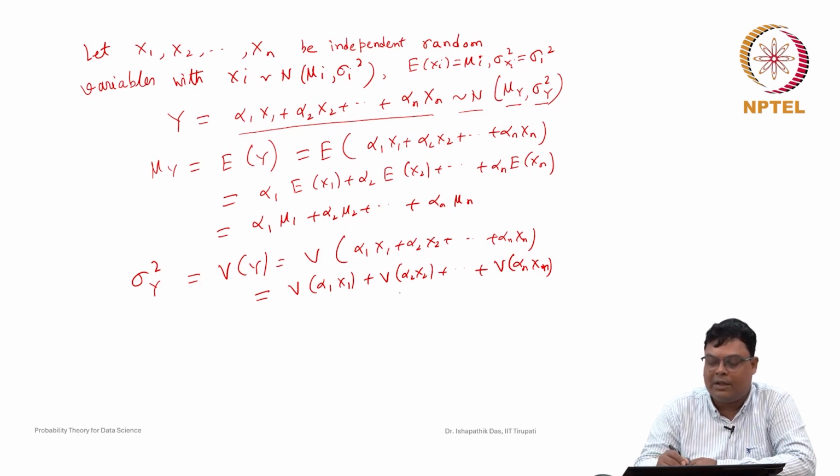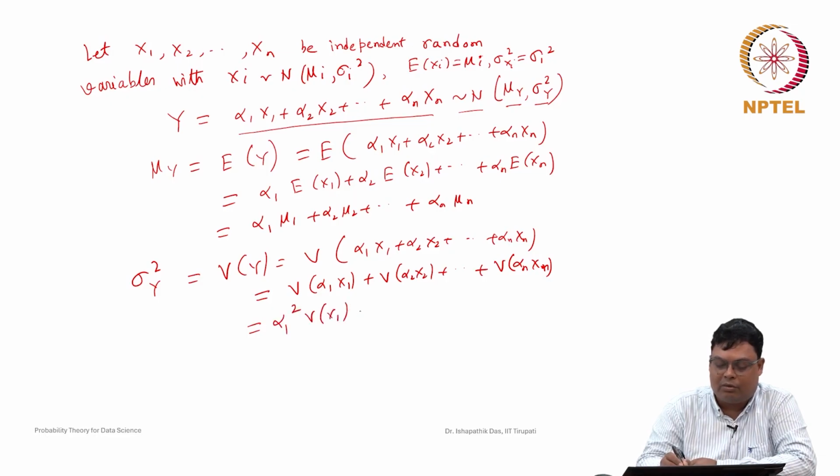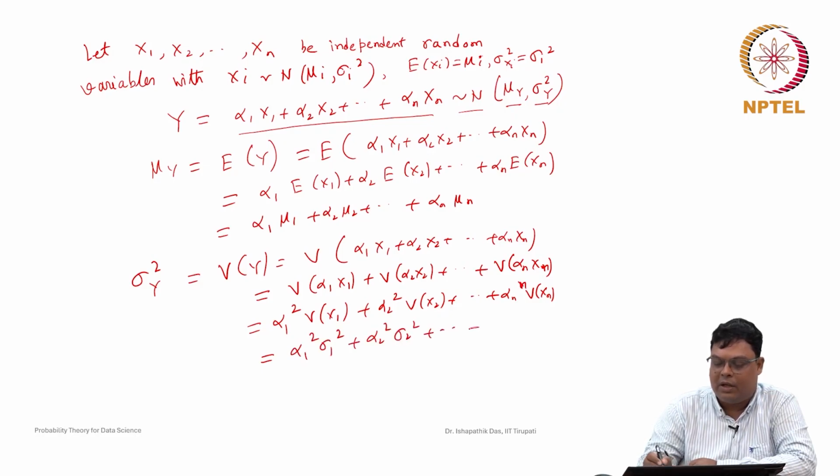Here, because of independence, this is the formula. We have already discussed that the variance of a constant times a random variable is the constant squared times the variance. So this is alpha 1 square variance of x1 plus alpha 2 square variance of x2 plus ... plus alpha n square variance of xn. The variance of xi is sigma i square, so this is alpha 1 square sigma 1 square plus alpha 2 square sigma 2 square plus ... plus alpha n square sigma n square. This is the variance of this random variable.